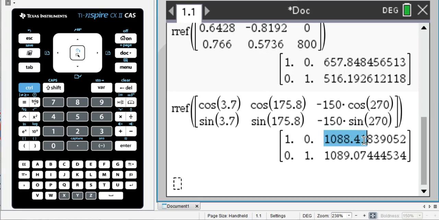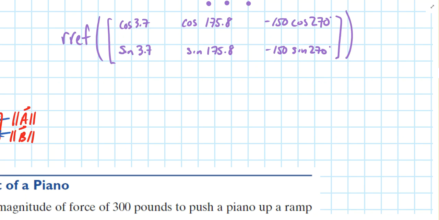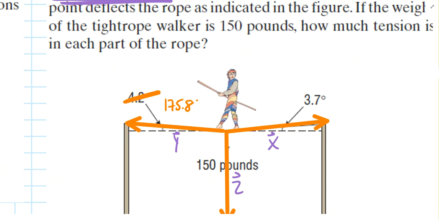It's worth noting that these two results are very close to one another, 1,088 and 1,089, which was a bit surprising at first, but then I realized, well, this tightrope walker is pretty close to the center. The deflection was a difference of 1/2 of a degree, so that seems to me that the tightrope walker is somewhere in the middle, and so the tension on the right and the left is going to be about the same.